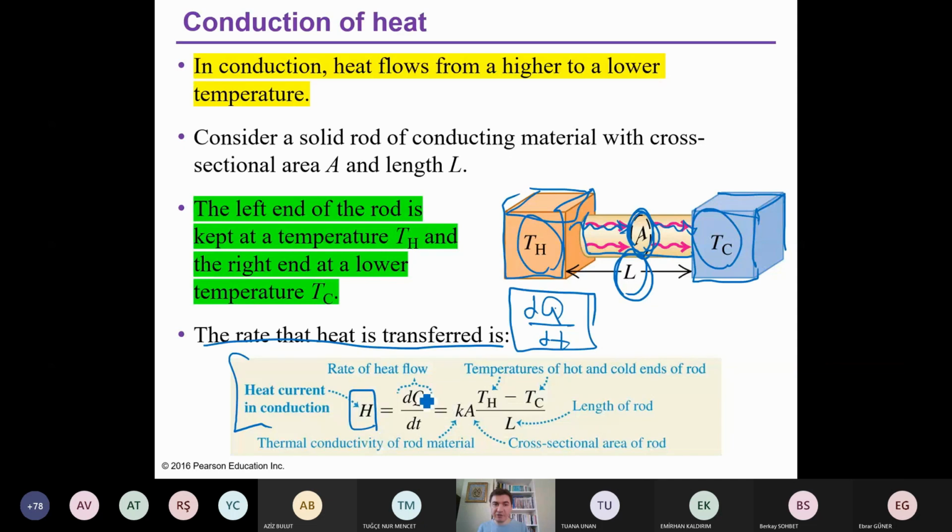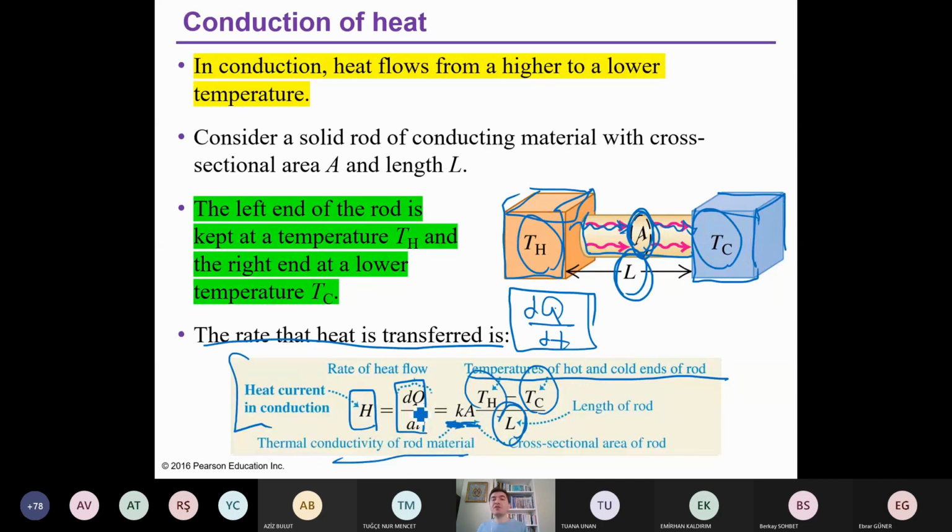This is the rate of heat flow, dQ/dt, and it is given by k times A times (T_H minus T_C) over L. T_H and T_C are the temperatures of the hot and cold ends of the rod: this is the temperature of the left side, and this is the temperature of the right, cold side. This is the length of the rod, this is the cross-sectional area of the rod, and this is the thermal conductivity of the rod material, k.